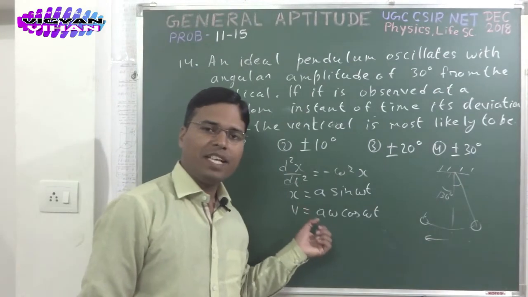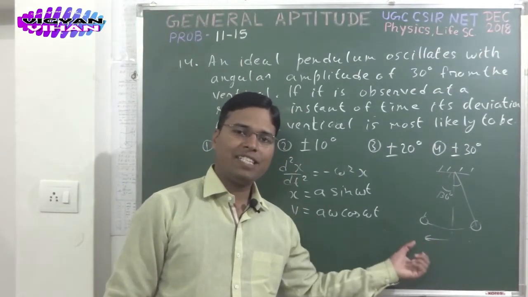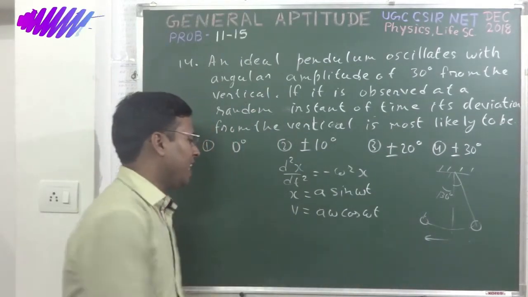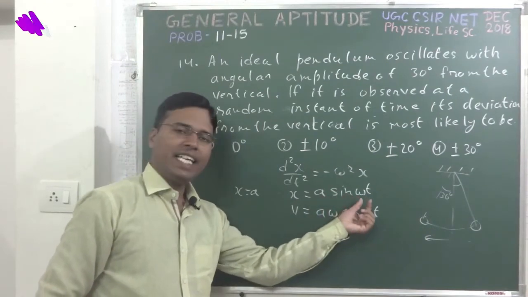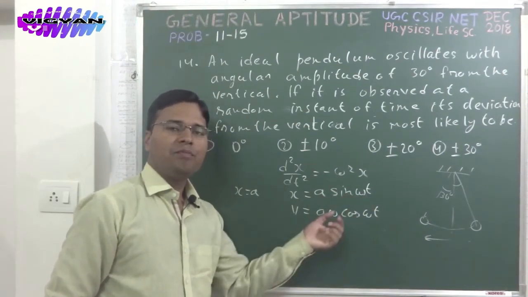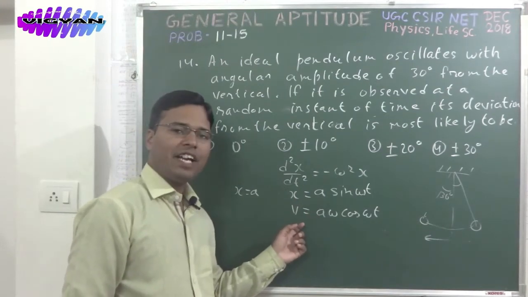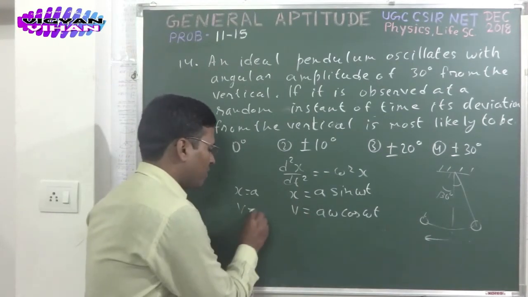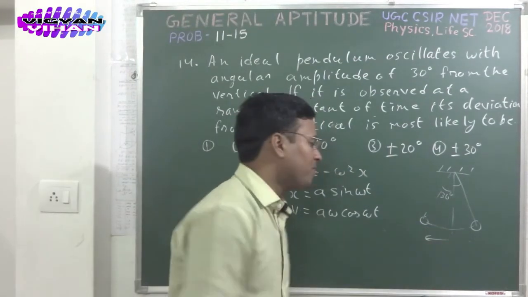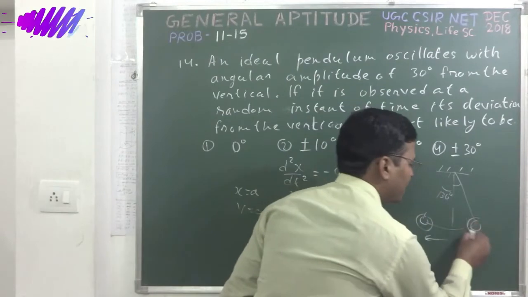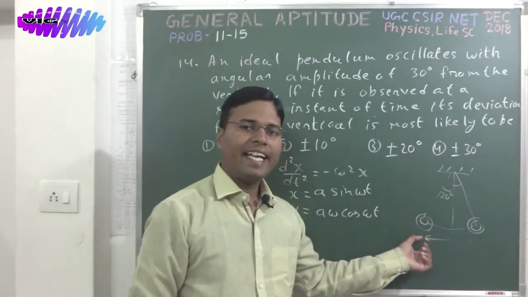So when the displacement of the pendulum from its mean position is maximum, that means the x value is equal to a, for omega t equal to pi by 2 or minus pi by 2. In that condition, the v value comes to 0. So at these extreme conditions, the pendulum comes to rest.